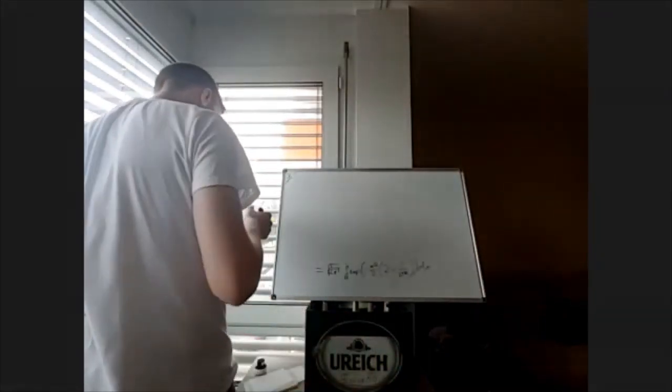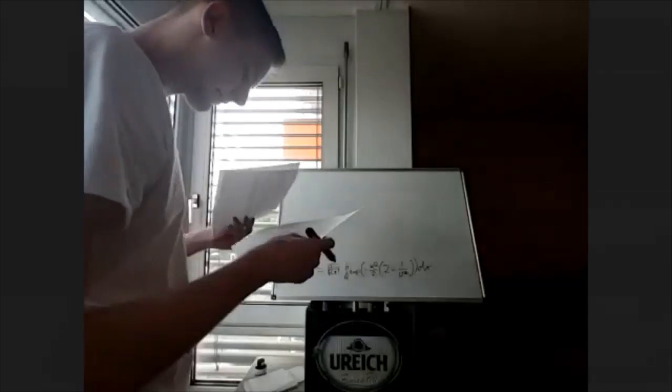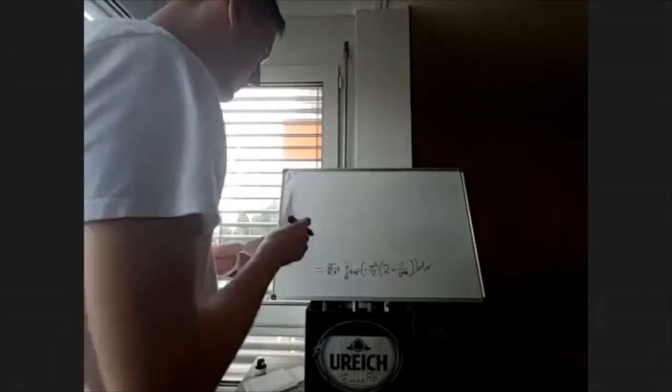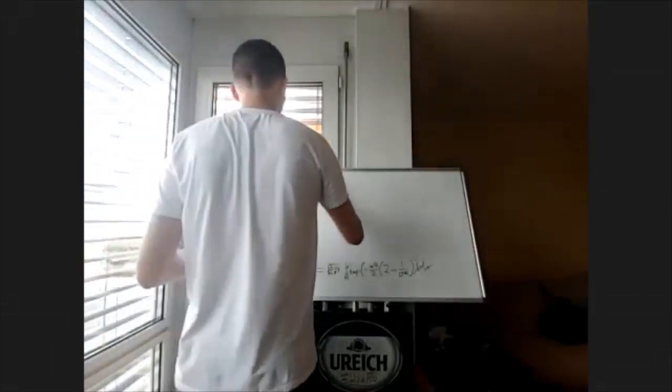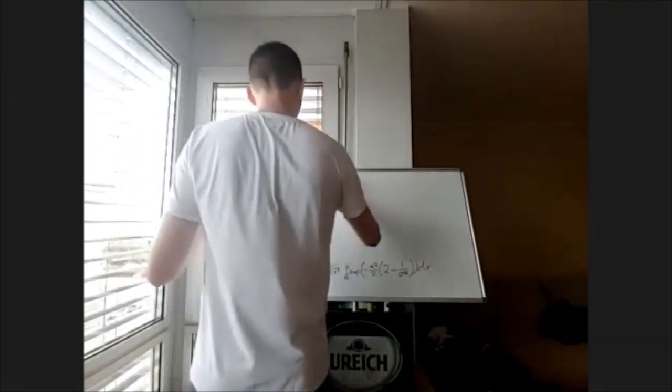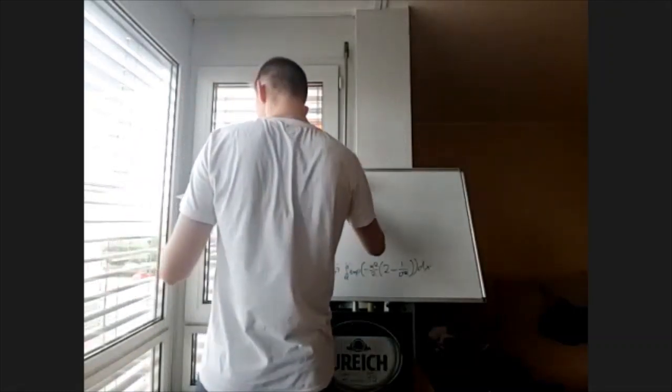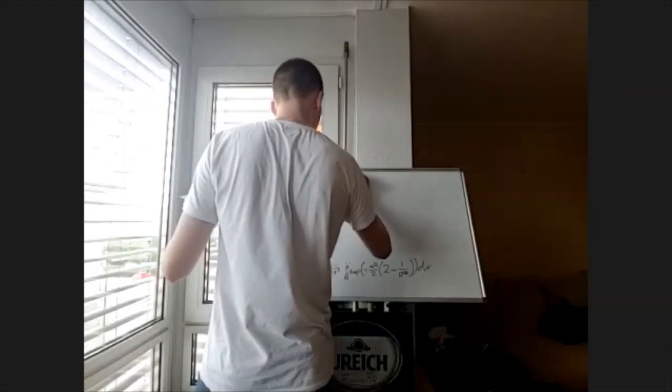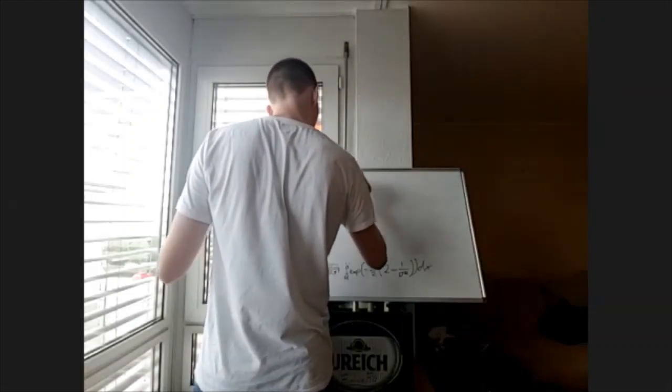Okay. Well, now we substitute 1 over gamma is 2 minus 1 over sigma squared.